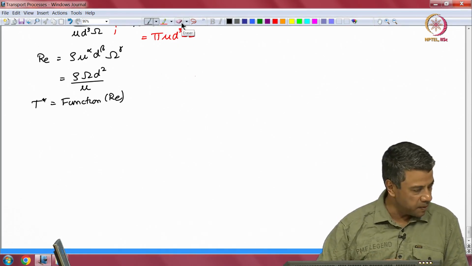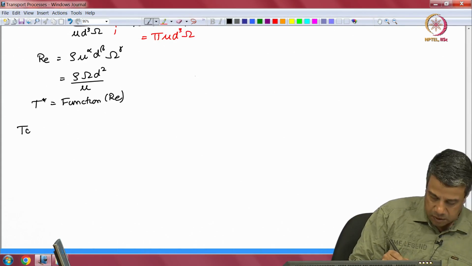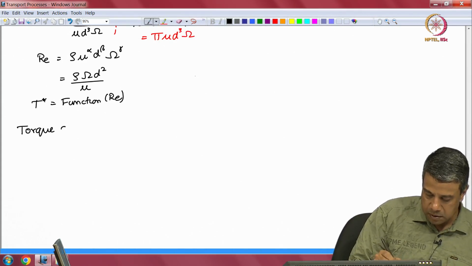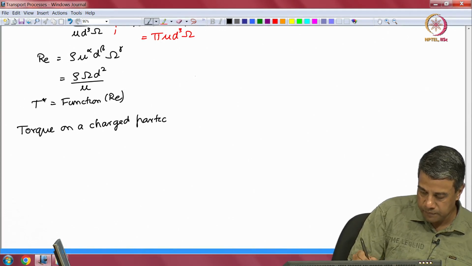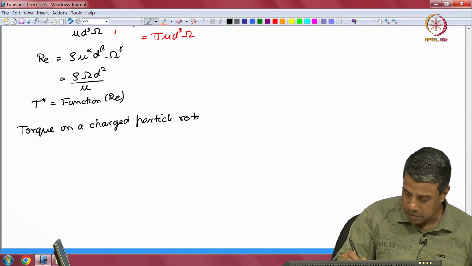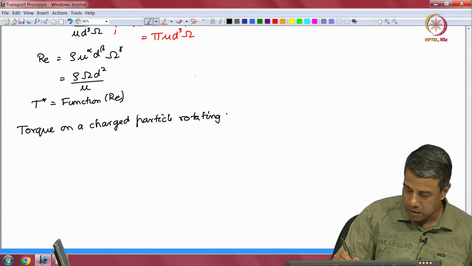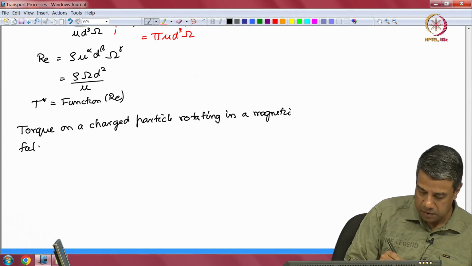A slightly more complicated expression: torque on a charged particle rotating in a magnetic field.